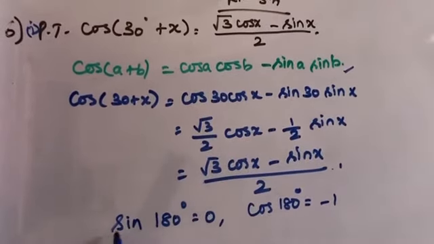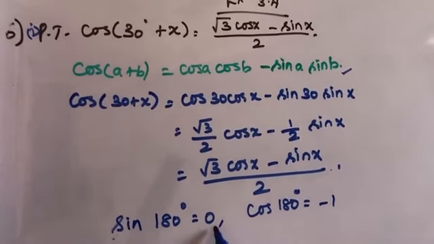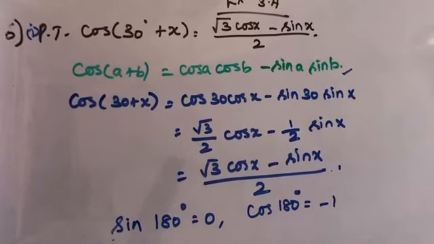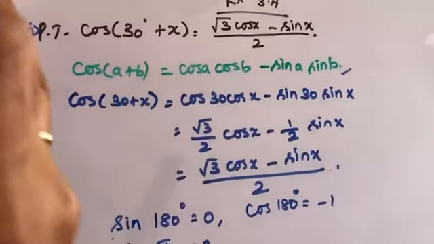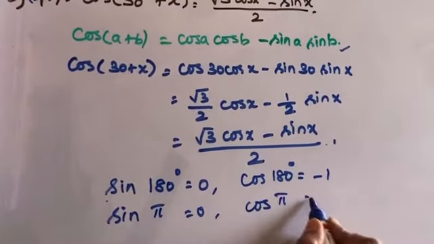Along with that, you learn this too. Sin 180 degree is equal to 0, cos 180 degree is equal to minus 1. That is sin pi is equal to 0 and cos pi is minus 1.